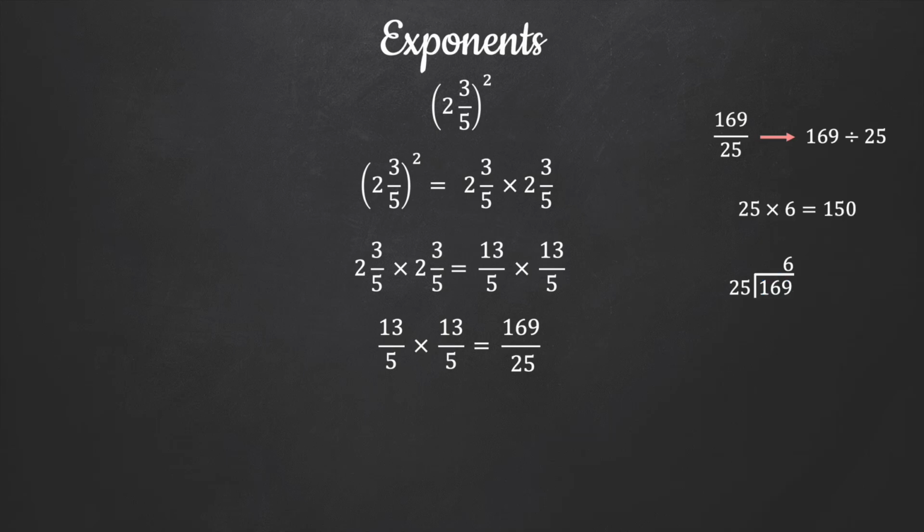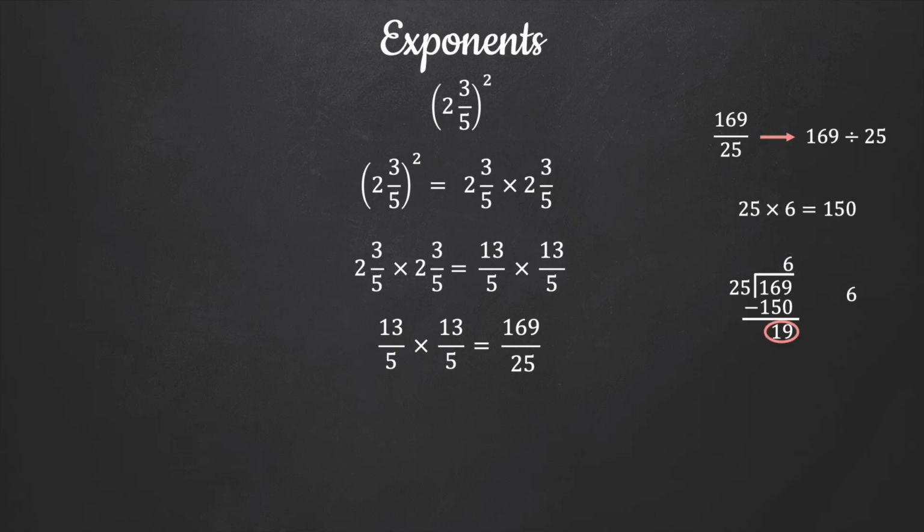And 25 times 6 is equal to 150. So we're going to go ahead and subtract 169 minus 150, and that equals 19. So 25 goes into 169 6 whole times, making our whole number 6.